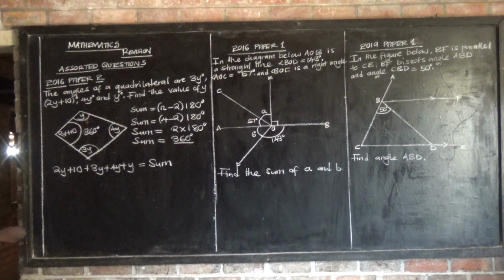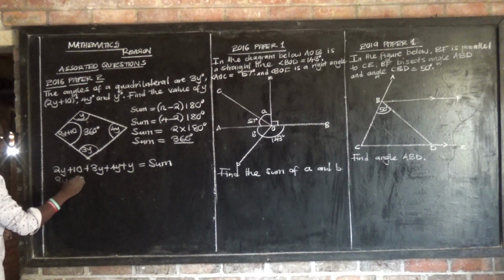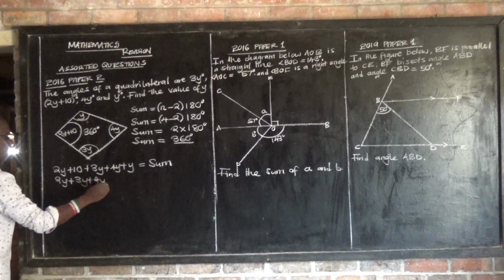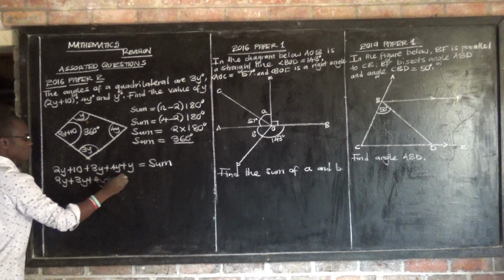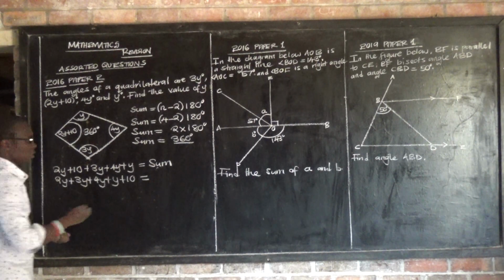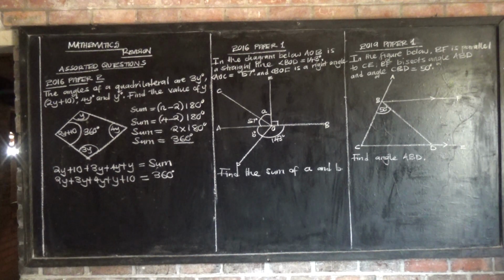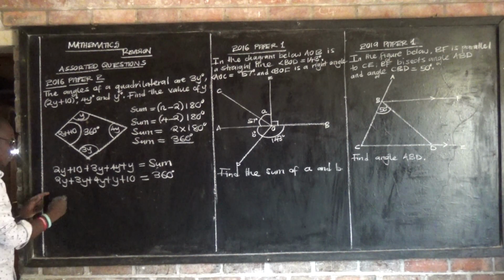Now we can write like terms: 2y plus 3y plus 4y plus y, then plus 10, is equal to 360. Are we together? Is it okay? Yes.